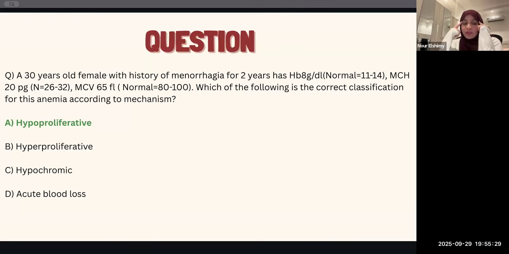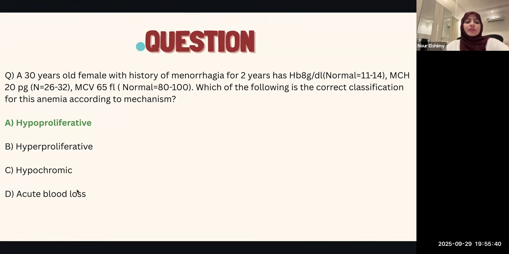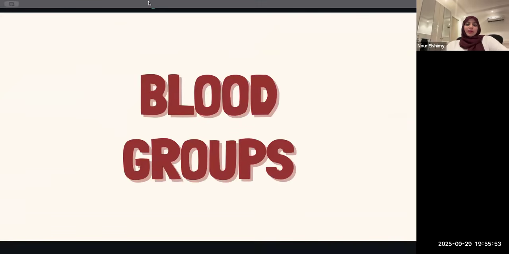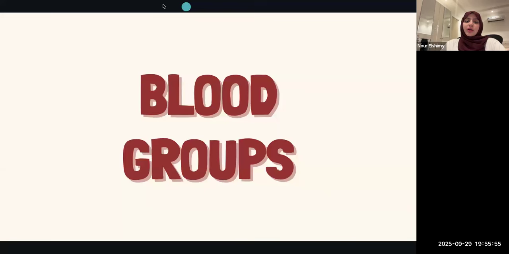Think about iron deficiency anemia, and it's going to be hypoproliferative. And it's not C because we're asking about the mechanism and not the morphology. That's right.